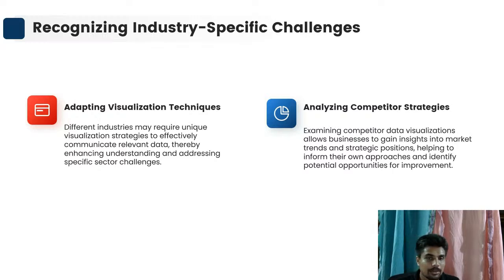The first point is adopting visualization techniques. Different users may require unique visualization strategies to effectively communicate relevant data, thereby enhancing understanding and addressing the specific sector challenges. So, the main agenda for this particular thing is that you should have a proper understanding of the sector wise challenges.